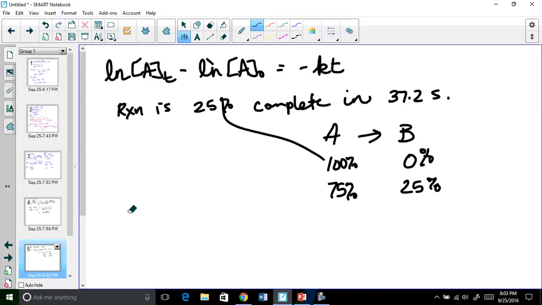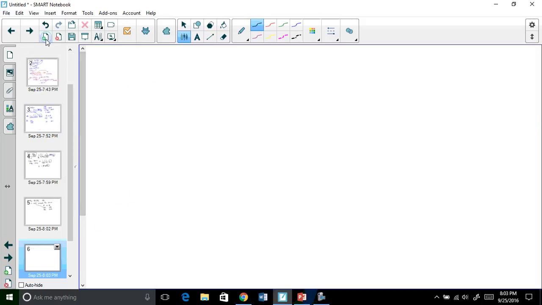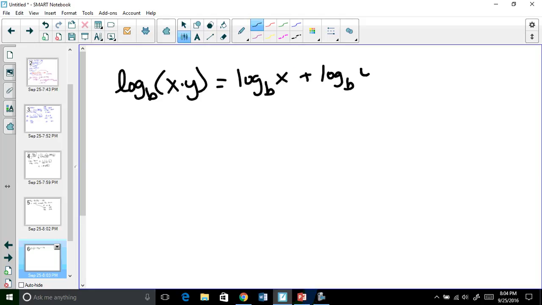of logarithms. Let me just go to a new slide and tell you the three properties of logarithms from Algebra 2. First one, the log of x times y equals the log base b of x plus the log base b of y.